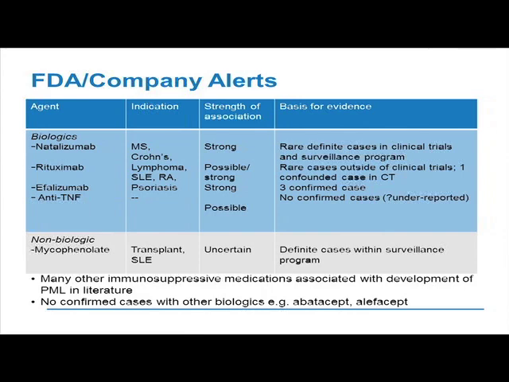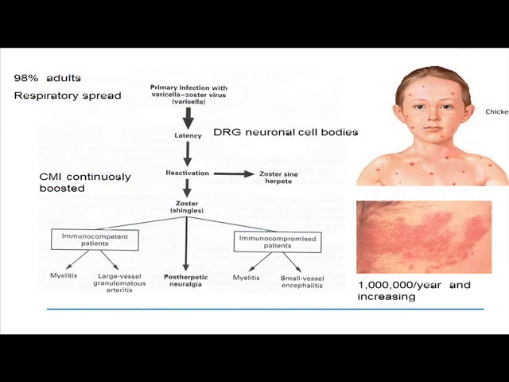New onset, focal and non-focal neurologic signs in patients with new onset white matter lesions need to be thought about as PML. If you're uncomfortable, neurology, infectious disease consultations may be indicated.